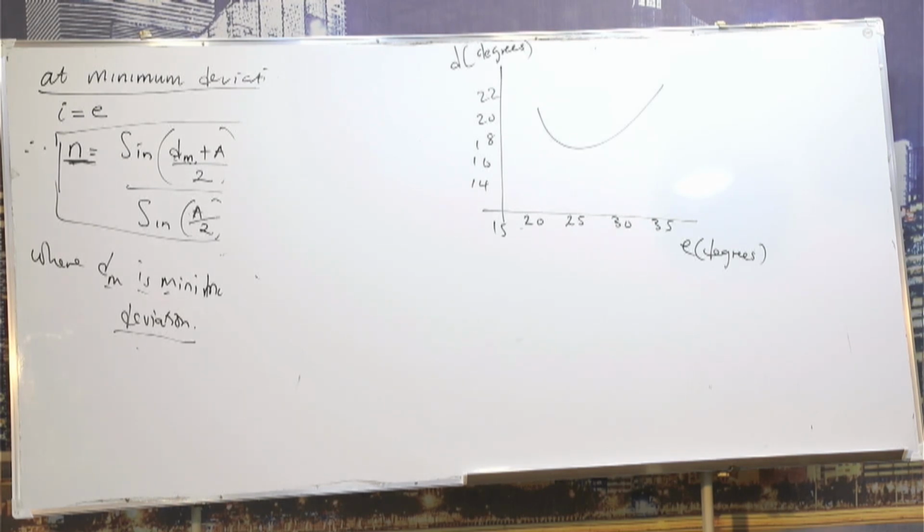Where is the angle of deviation? Look at it and tell me. Why is it 25? So you are saying 25 because people are saying 25. So why is it 25?